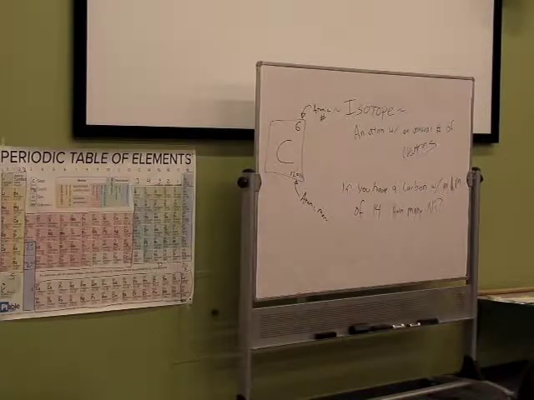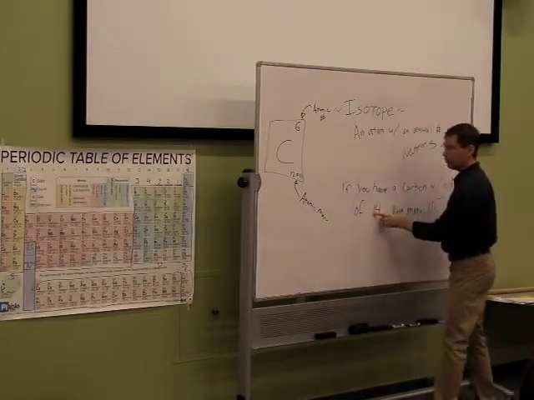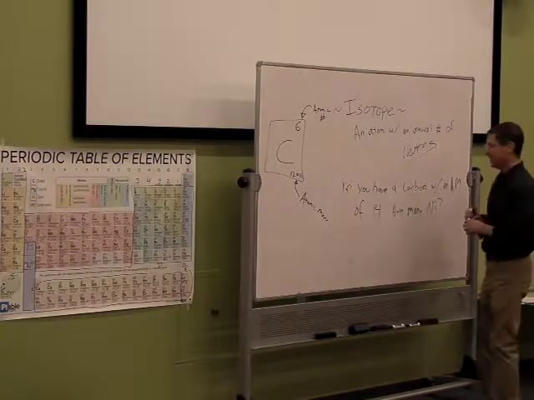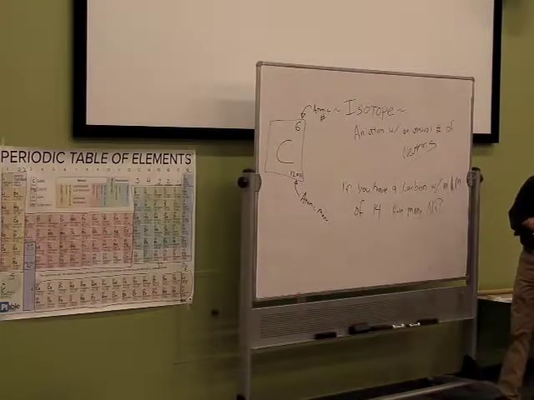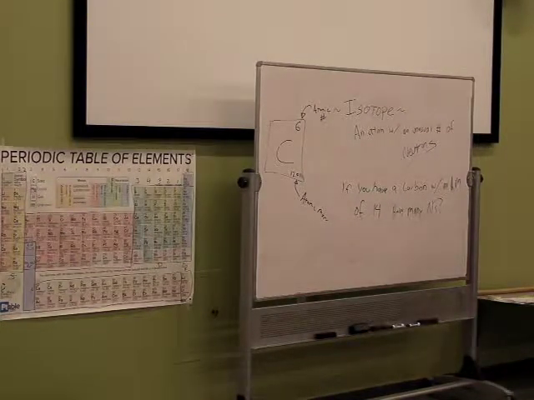No. Actually, it's not that unusual. This is what, if you've ever heard of carbon dating, they're looking for this isotope of carbon. Carbon 14, carbon dating. It's what chemists do when they really get bored, they go carbon dating. All right, so if you have a carbon with an atomic mass of 14, how many neutrons do you have?